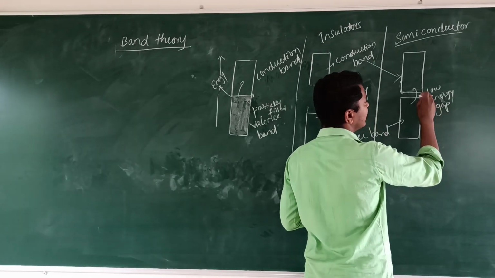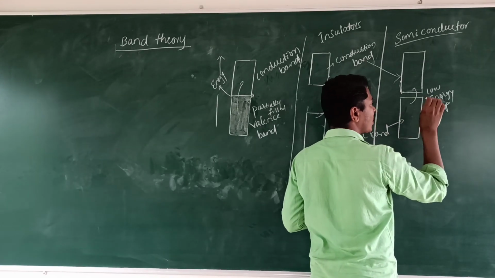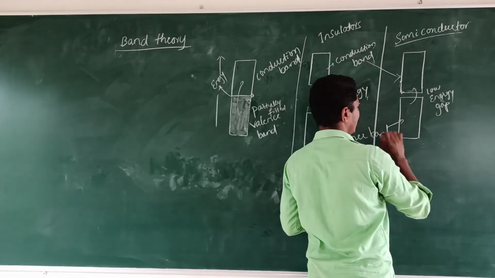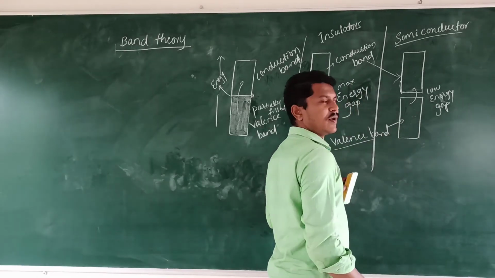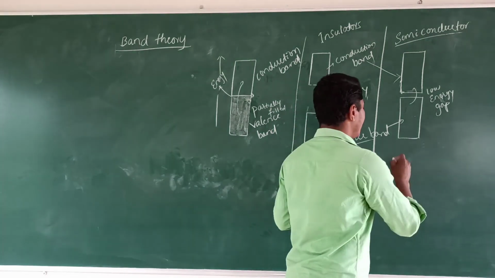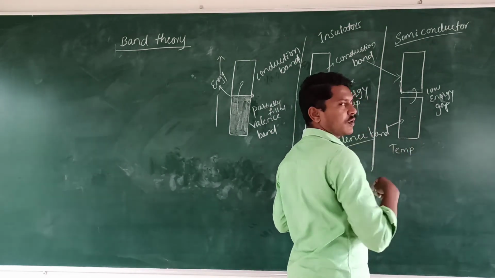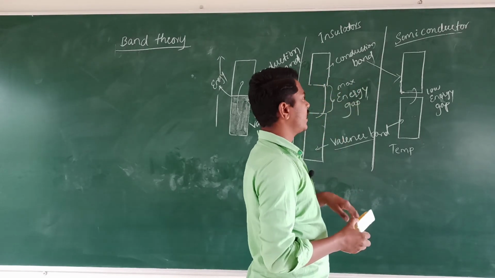The energy gap is very small. That's why electrons jump from the valence band to the conduction band. When I give temperature to this compound, electrons jump from the valence band to the conduction band.